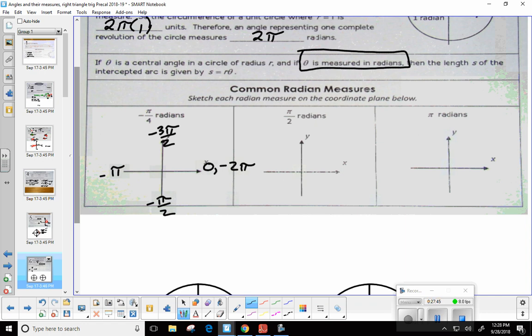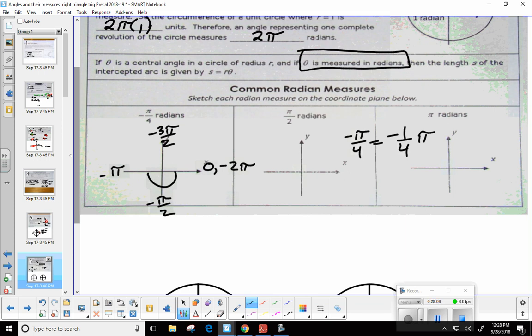Can anybody tell me what quadrant negative pi over 4 would be in? Now, negative pi over 4, isn't that equivalent to negative 1/4 pi? Think about it. If I start here and rotate only halfway, I've gone 1 pi, right?